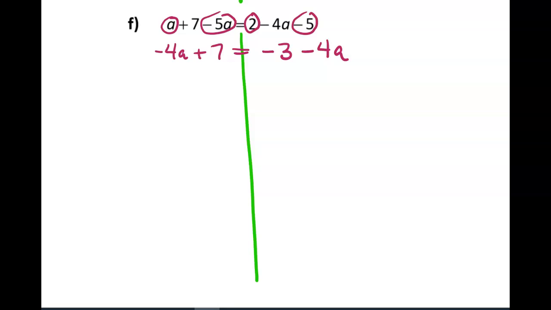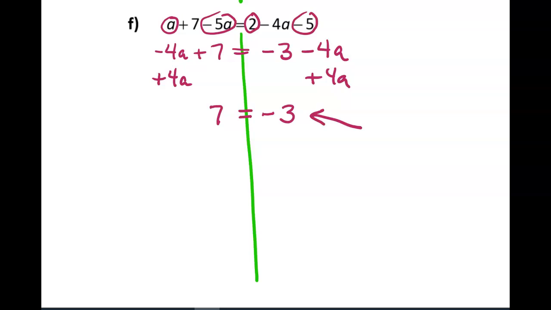In order to move one of the minus 4a's, we'll have to add 4a to both sides of the equation. And negative 4a and positive 4a add up to 0. So on the left side, that just leaves us with 7. And on the right side, it leaves us with negative 3. Remember what we talked about, we have equivalent equations that all have the same solution.